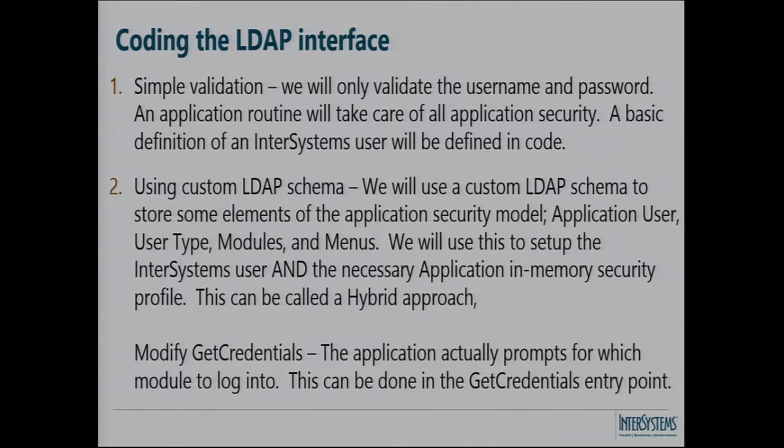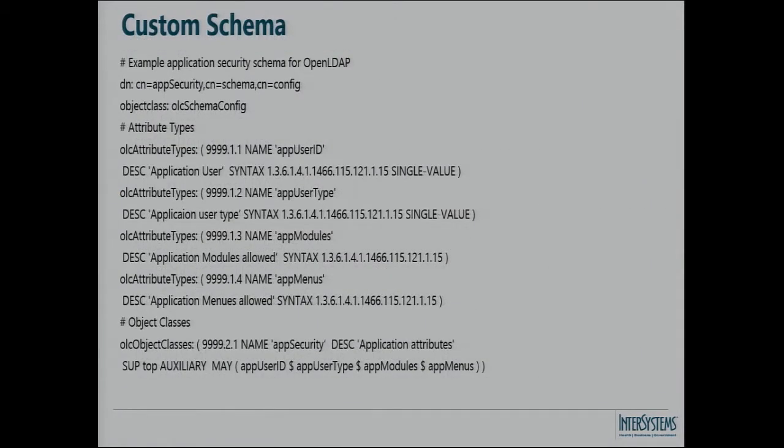So we did allow the system, in this case, to create a custom schema, and this is what it looks like. We created properties for the application user ID. Remember, they're different. We created a property for app user type, the list of app user modules, and the list of app user menus. We then created an object class that creates all that.